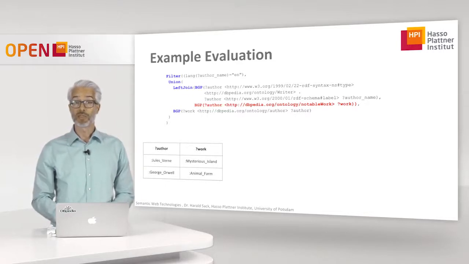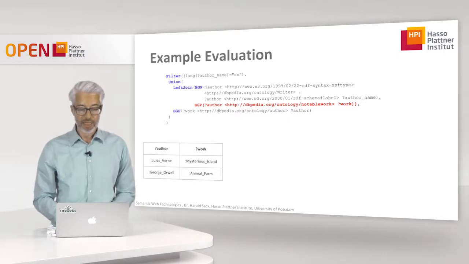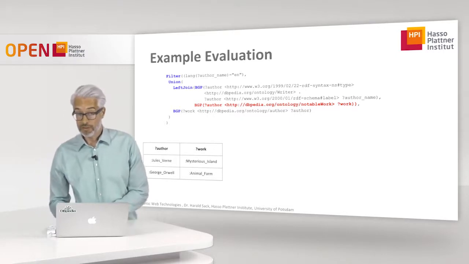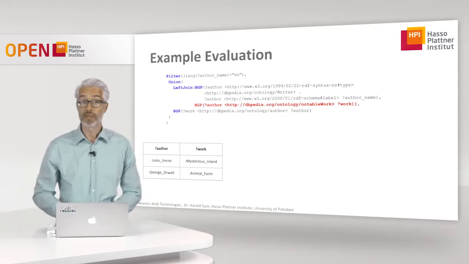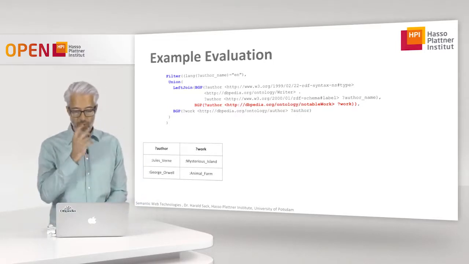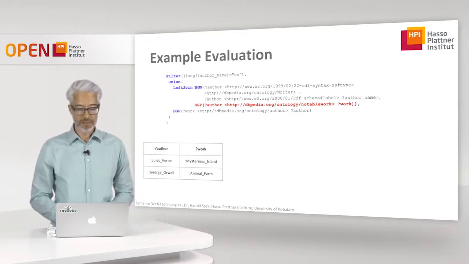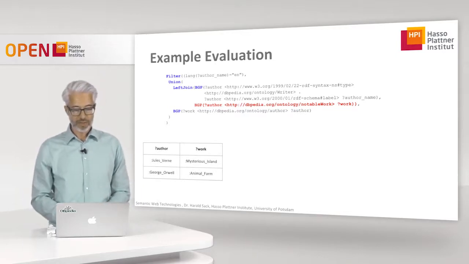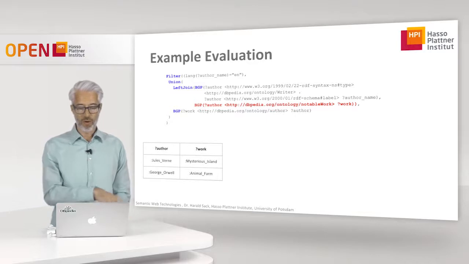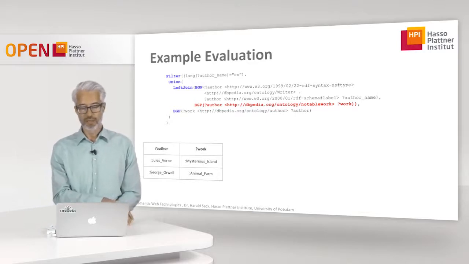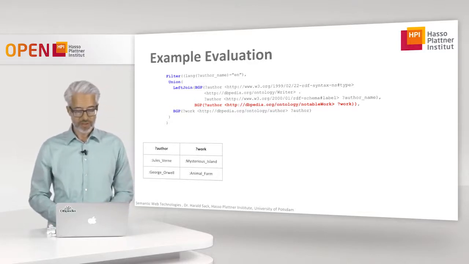Okay, so let's try to evaluate the SPARQL query. We have already translated the SPARQL query to an abstract SPARQL query, and then we begin recursively to evaluate that query. So we start with one of the inner basic graph patterns you see here in red. We start first with the basic graph pattern author, notable work, and the result we achieve here is only two.